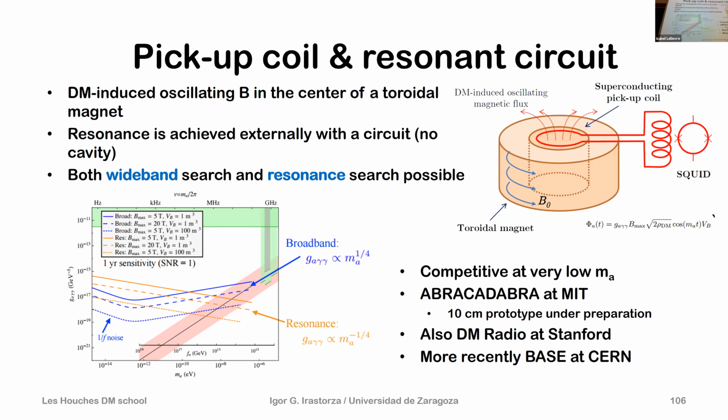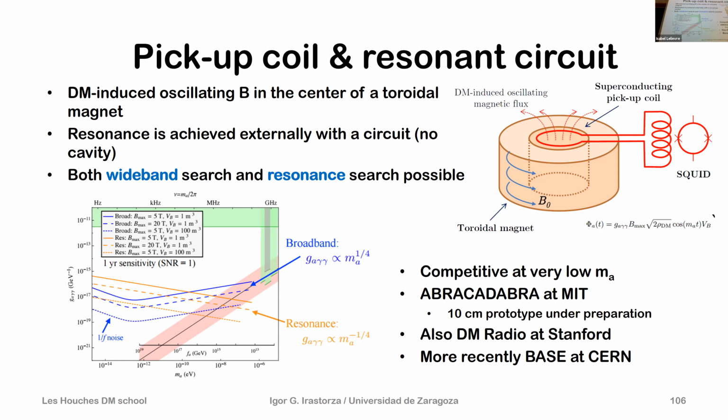But there are plans to do this on a much larger scale, and the best prospects promise sensitivity down to the QCD band, but at lower masses. This is 80 neV, so we are talking about much lower masses than 80 neV. Of course, you need extremely challenging parameters like magnets at the cubic meter scale with many Teslas. So this is also a challenging project.